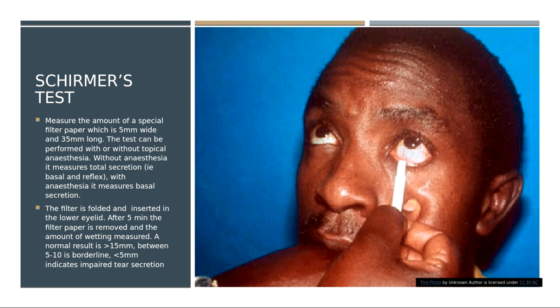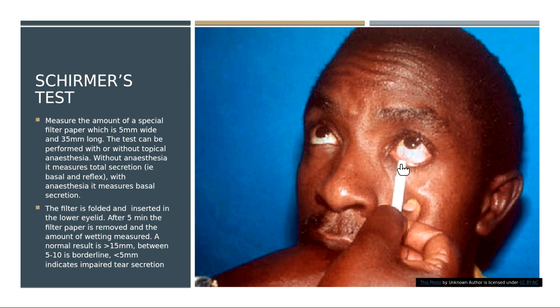And of course, I'm sure you've all heard of the Schirmer's test, where you measure the amount of filter paper that becomes wet. So you insert this filter paper in the inferior fornix, and you time for 5 minutes, and you measure how much of the filter paper becomes wet.